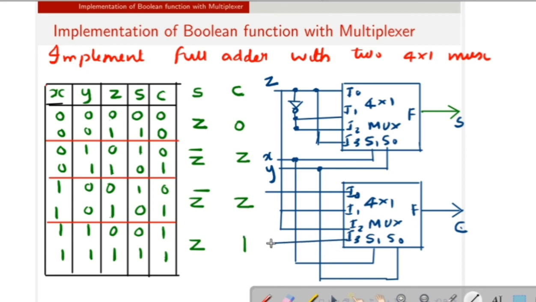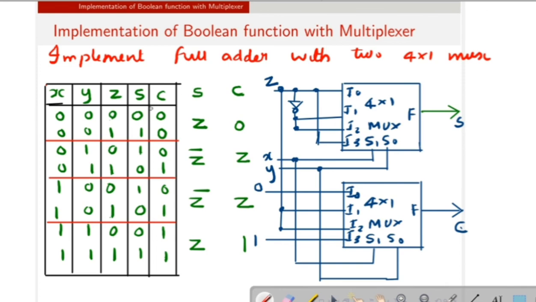Then I3 is always 1. So here it is 0, 1. Darken these 2 points, that is connected to Z. Right? So this is the implementation of full adder with two 4x1 multiplexers.